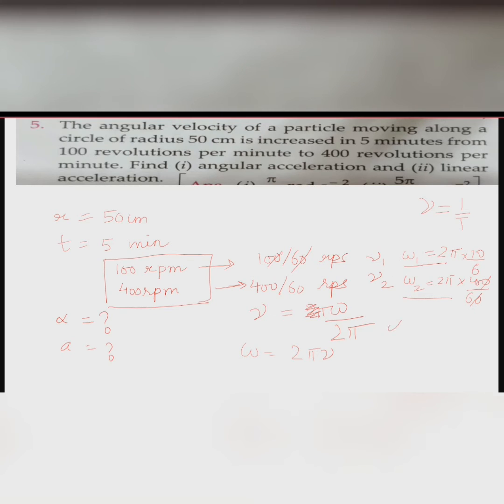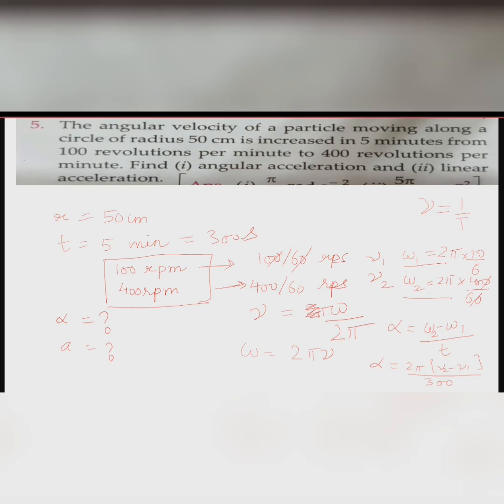Now angular acceleration can simply be calculated as omega 2 minus omega 1 divided by the time taken. Time taken is given, 5 minutes, that would be 300 seconds. So this would be 2 pi into nu 2 minus nu 1 divided by 300 seconds.